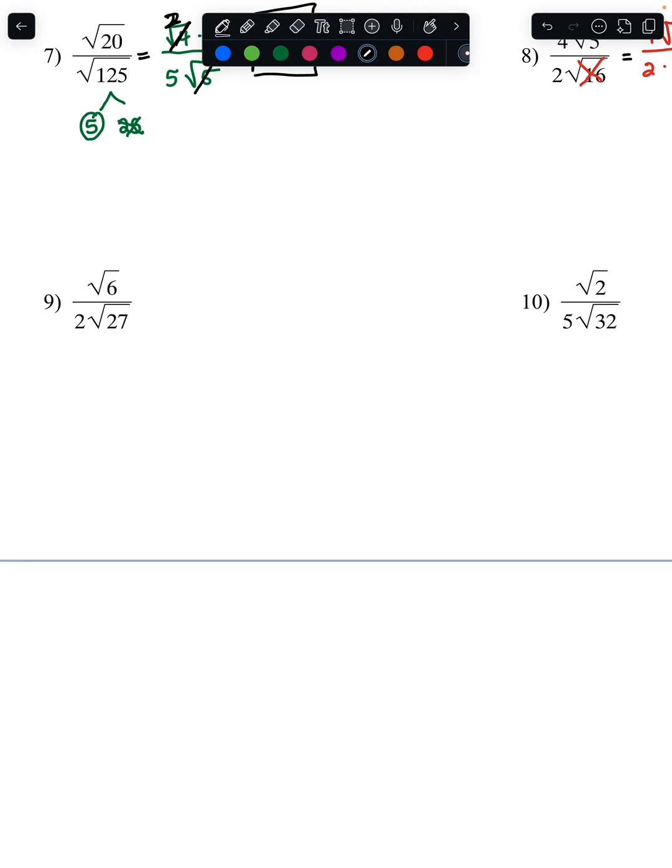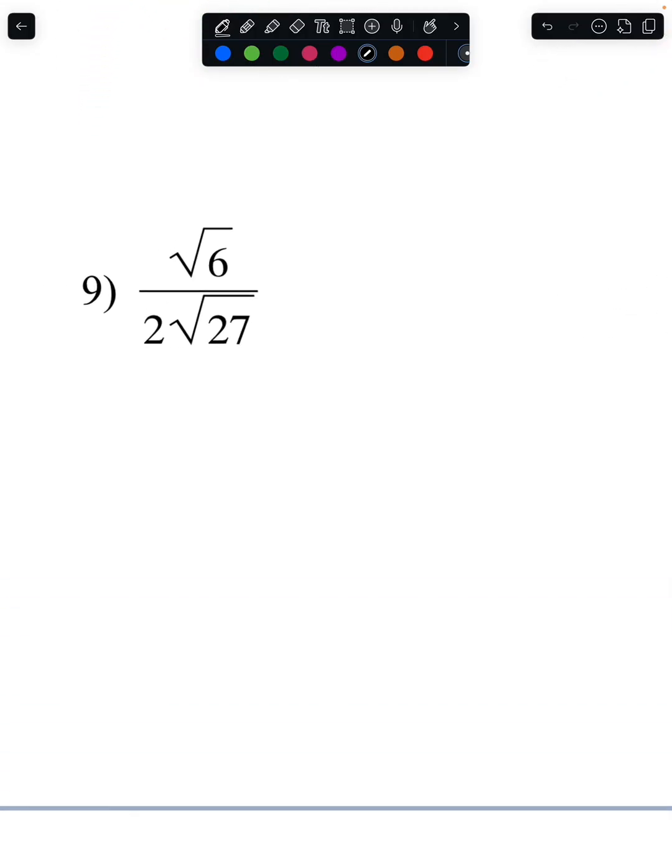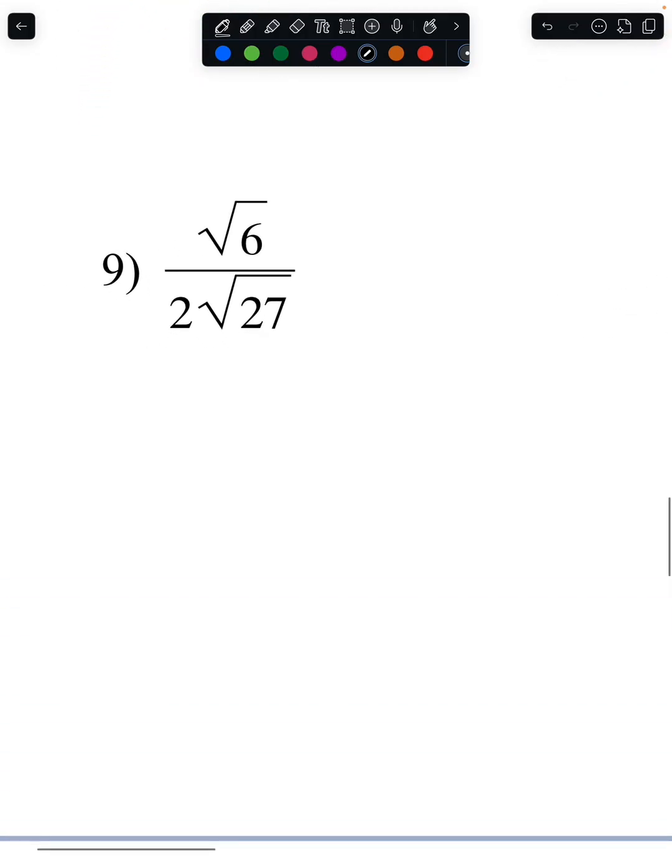Now that you've had the opportunity to pause the video, let's see if we get the same thing. Okay? First thing I see is 27. I'm going to go ahead and break that down. My first thought is 9 times 3. Oh, the square root of 9 happens to be 3. I'm going to put that on the outside. So this ends up becoming 3 times 2 is 6.